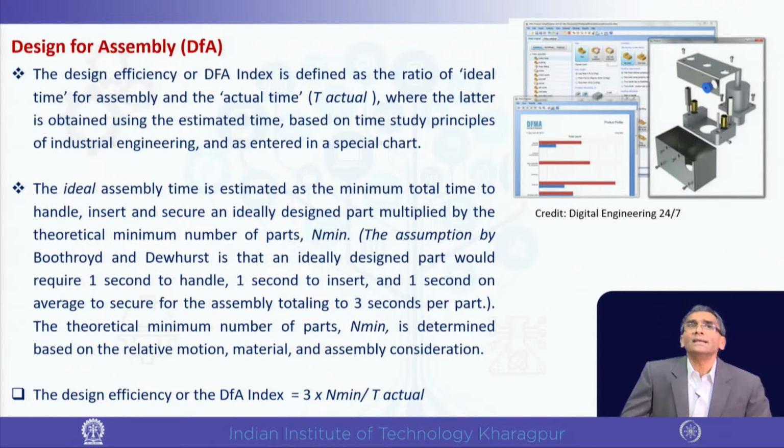That is, first is 1 second to handle, 1 second to insert, and 1 second to secure. So, 1 plus 1 plus 1, 3 seconds is what ideally it should take, but if it takes more than that, that means it is not very efficient.